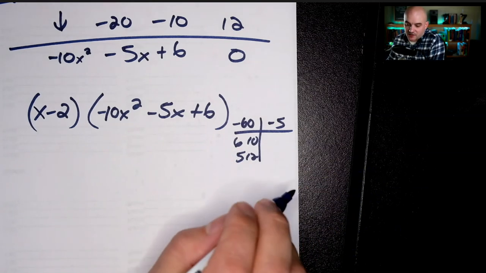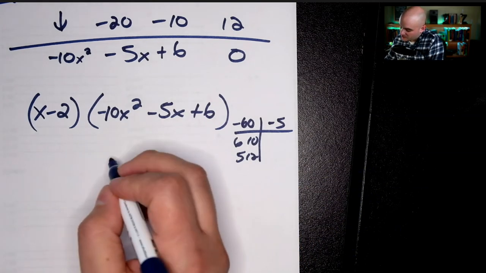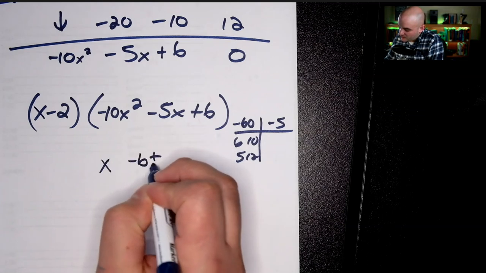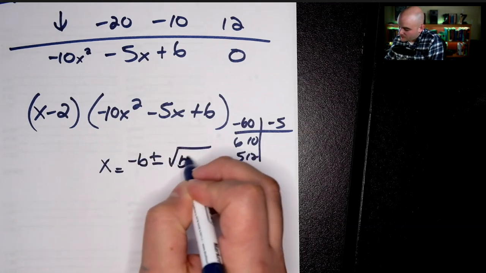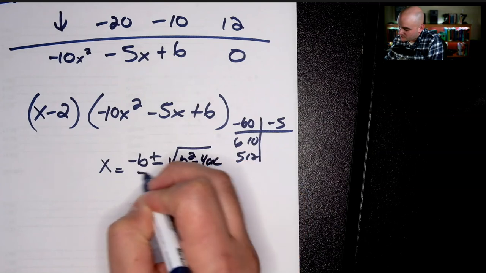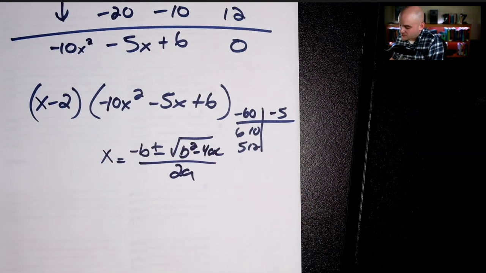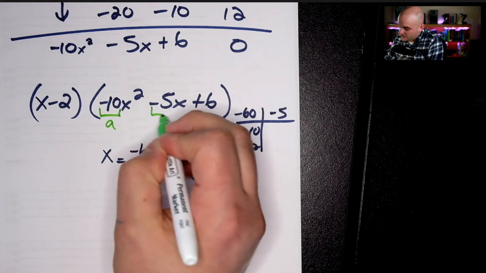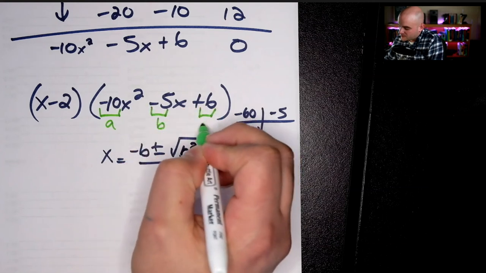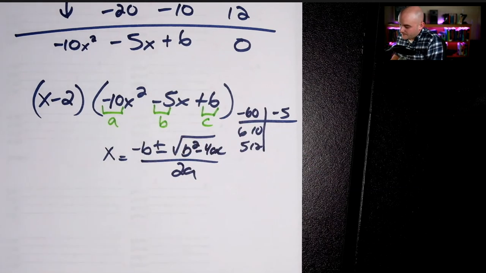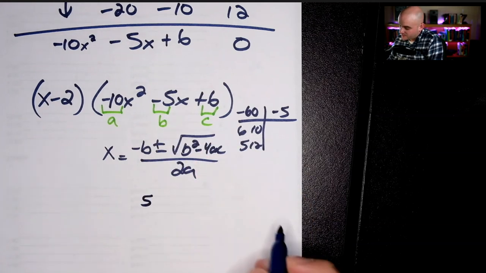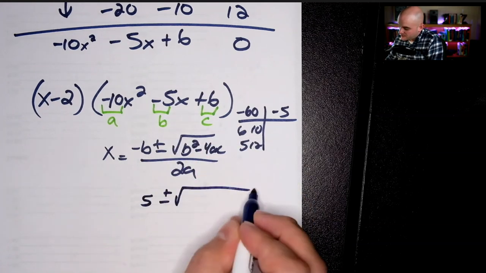So with that being the case, we can say, okay, I've got the quadratic formula: x equals negative b plus or minus the square root of b squared minus 4ac, all over 2a. So don't forget these tricks from your past, where this is a, this is b, and this is c. And so substituting in, a negative 5 goes in, that gives me a positive 5, plus or minus the square root.